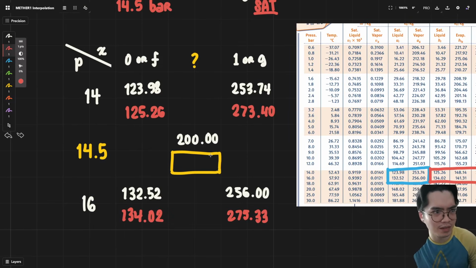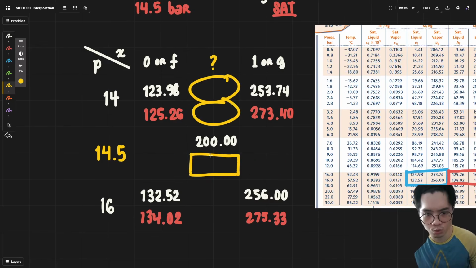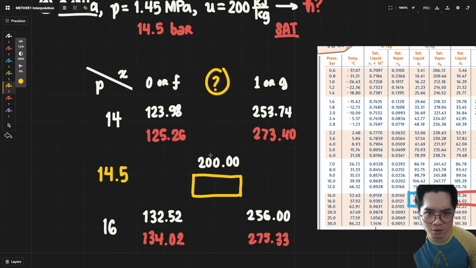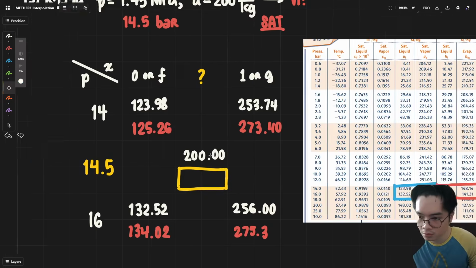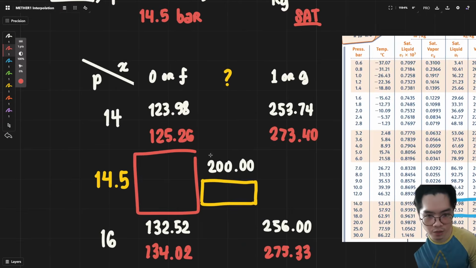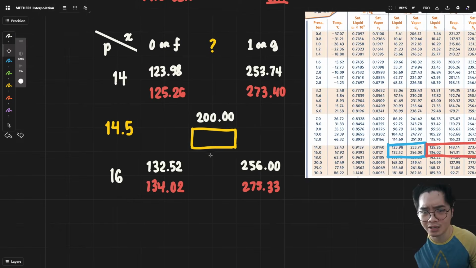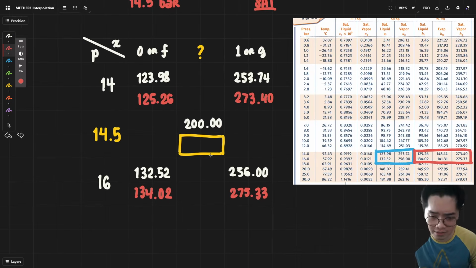Now we need to find this, so how are we going to do this? Well, we're going to have to do 5 interpolations. But I don't recommend that because you don't even know the quality. So let's try it this way. If you're thinking about this, this is already so much if you're just going to write things down in your normal mode.